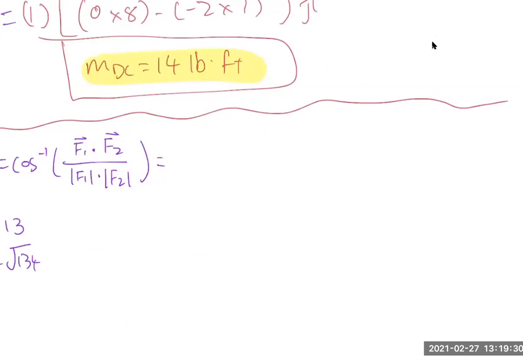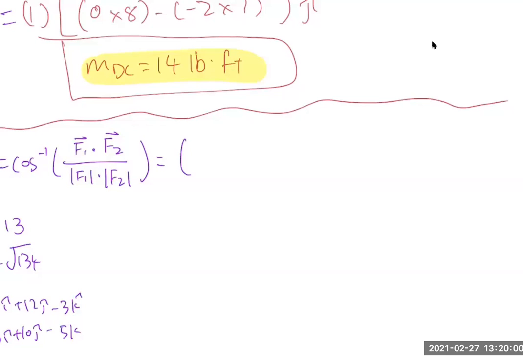Okay, F1 multiplied by F2. So I'm gonna write out what F1 is. F1 is 4i plus 12j minus 3k. F2 is 3i plus 10j minus 5k. Okay, F1 dot F2 basically just means F1x multiplied by F2x plus F1y multiplied by F2y plus F1z multiplied by F2z.